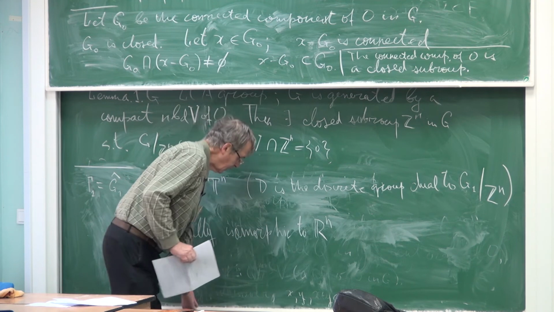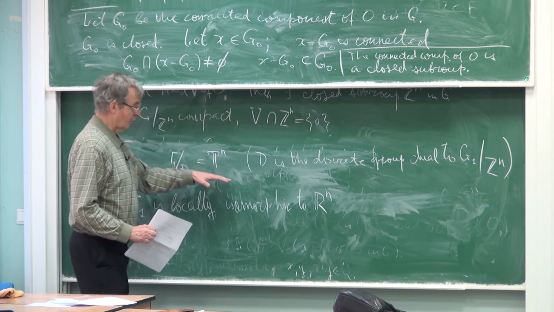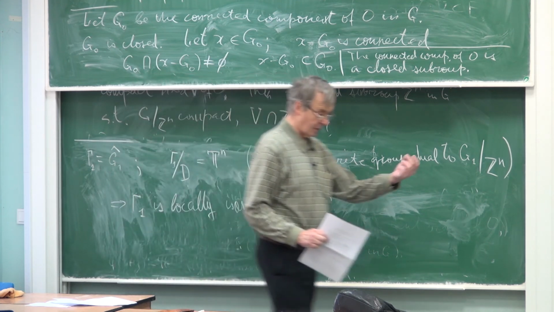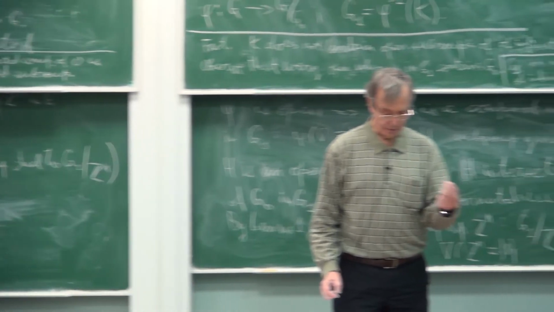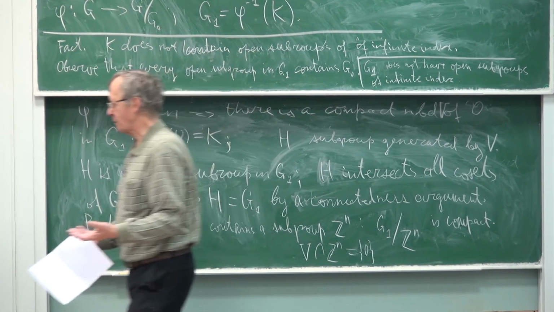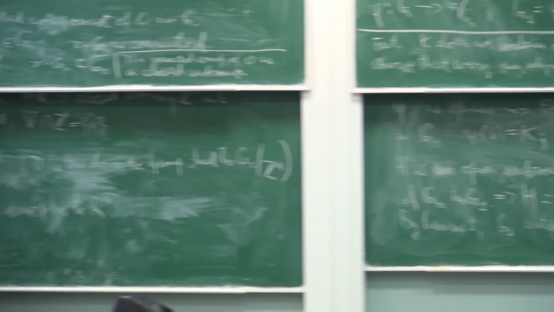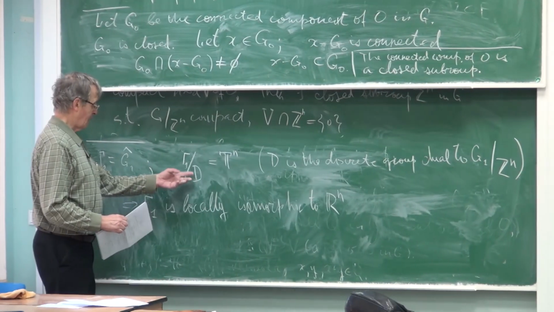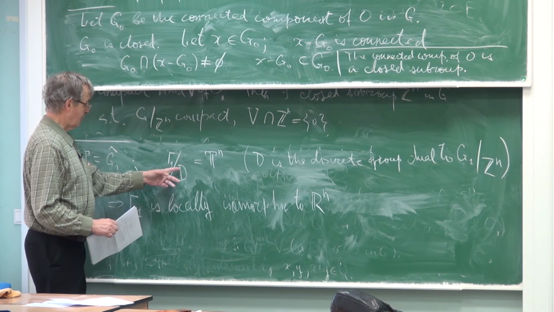Why so? Because this torus is clearly locally isomorphic to R to the power n. So if you take a neighborhood of 0 on the torus, or probably neighborhood of 1 if you write it multiplicatively, then this neighborhood is isomorphic to some ball in Rn. And here we have also the quotient of this gamma 1 over something discrete.